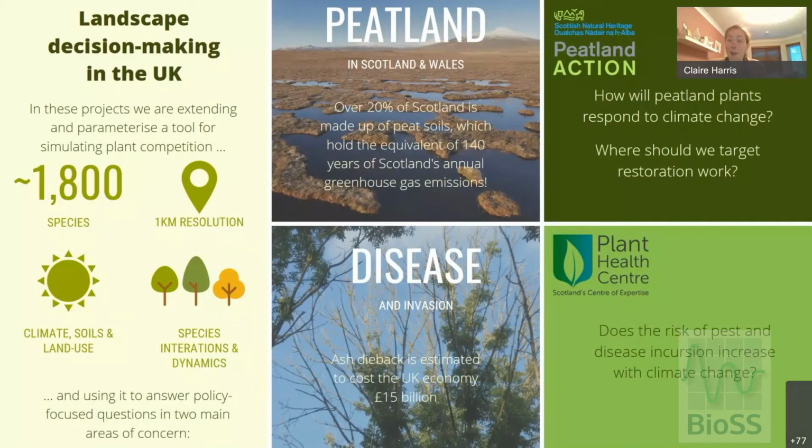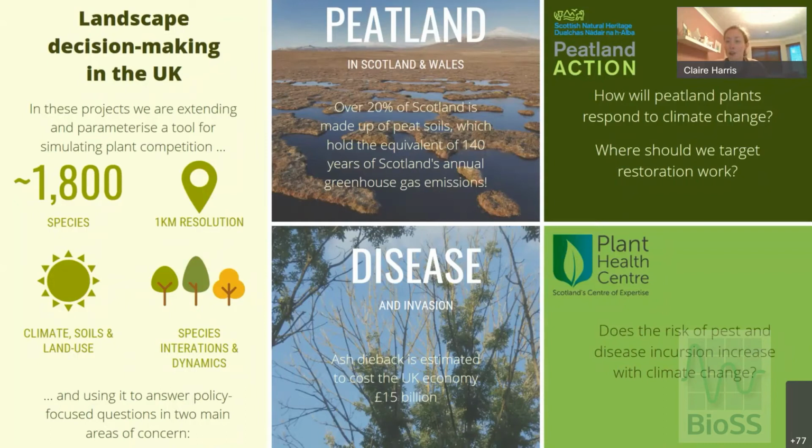And I've been thinking a lot in the past year or so of how to incorporate different types of data. So that might be on climate or soil or land use, and how to really develop the mechanics of the model so that these interactions and dynamics are more realistic.